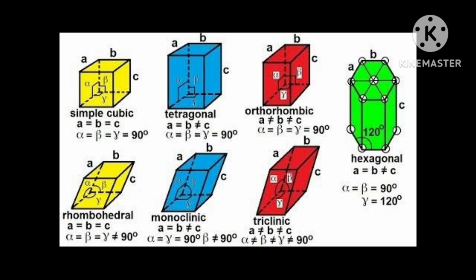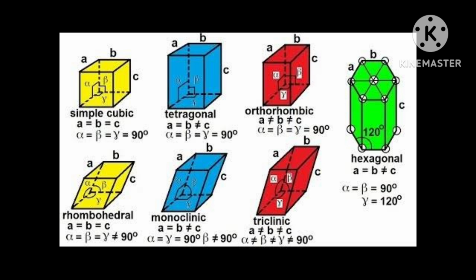All are 90 degrees. What are the examples of cubic crystal system? NaCl, zinc blende meaning ZnS, copper, etc.